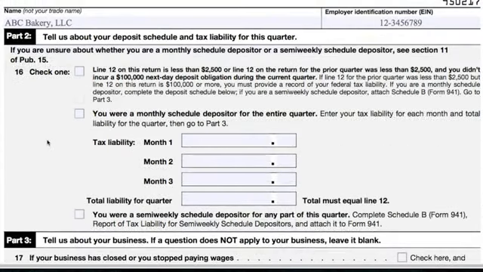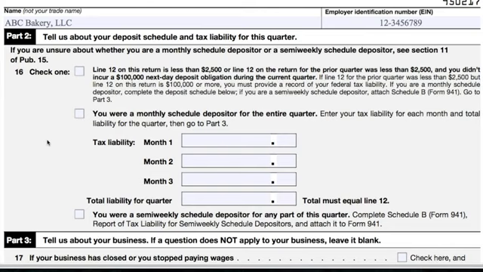In part 2, you'll provide information to the IRS about your tax deposit schedule. As I said before, most employers must deposit withheld income tax and the employee and employer's share of Social Security and Medicare taxes.